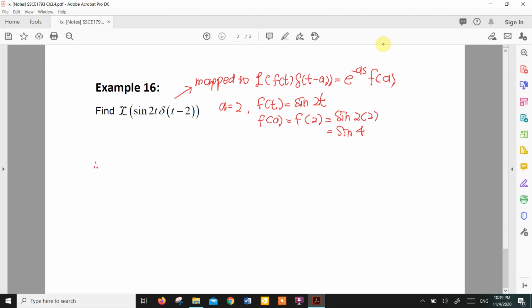So the Laplace transform of sine 2t delta(t minus 2) is equals to e to the power of negative 2s f(a). f(a) is sine 4. So this is the answer, right?